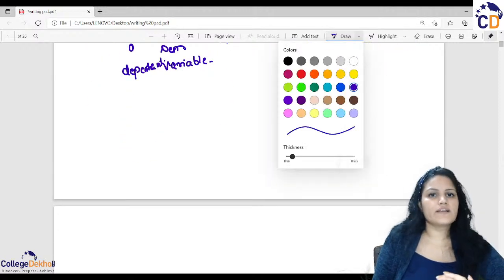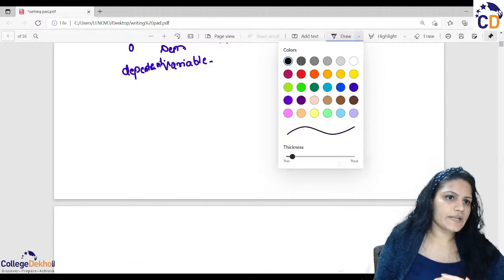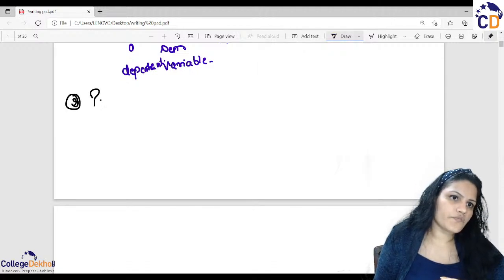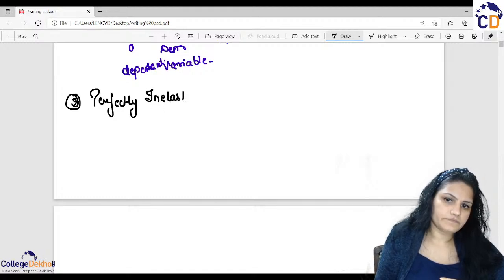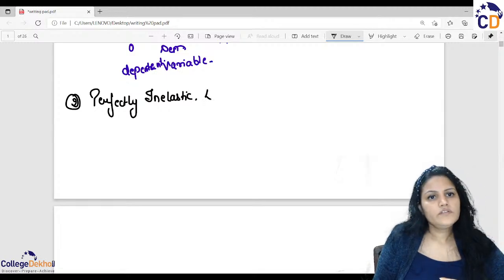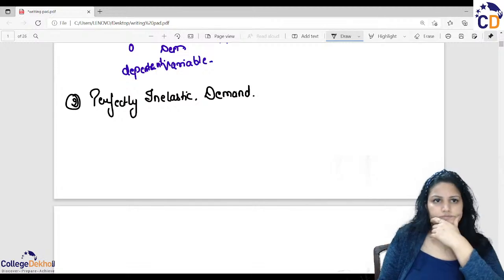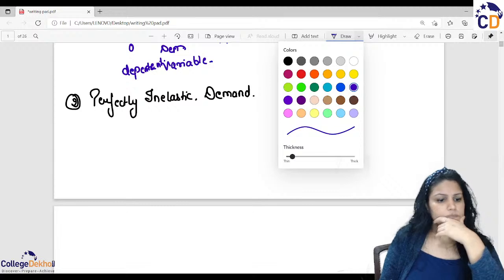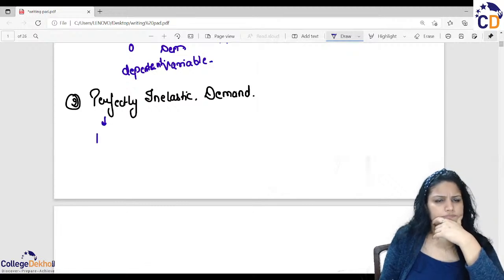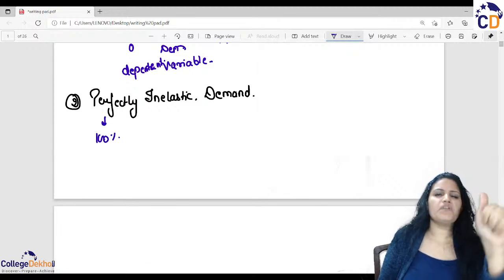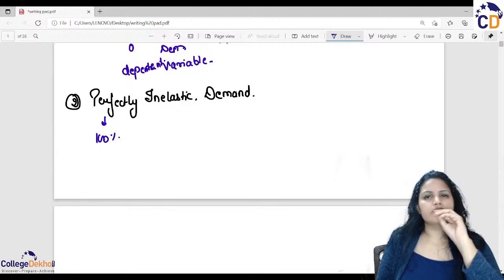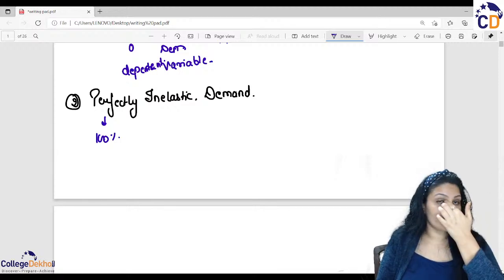First is perfectly elastic, which we completed. The second point is perfectly inelastic demand. Here perfectly means 100%, there is nothing in it that needs to be changed.